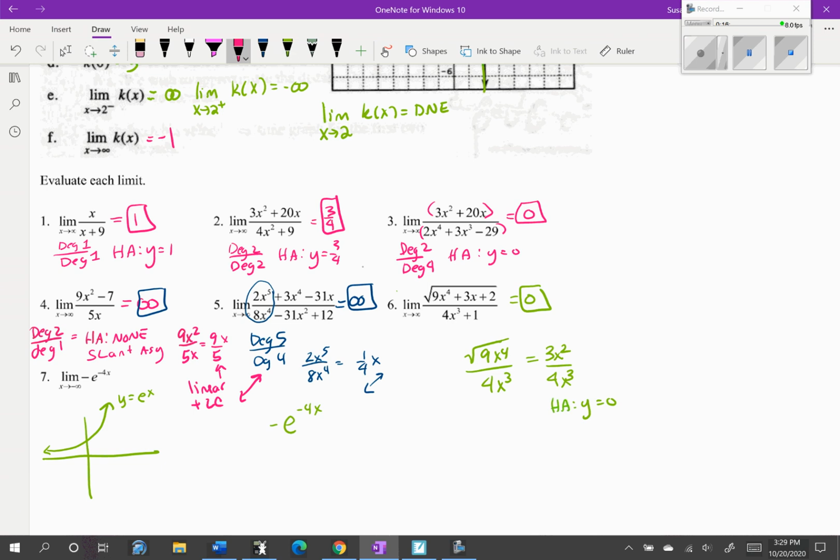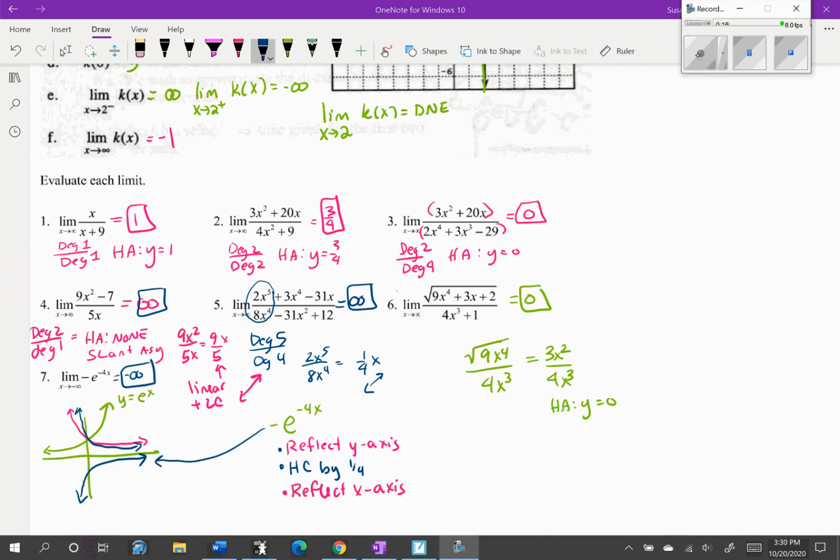So if I were to reflect this across the y-axis, because of that negative right there, and then we are going to horizontally compress by 1/4 because of that 4, and then the next one would be the negative on the outside, which is going to reflect across the x-axis.